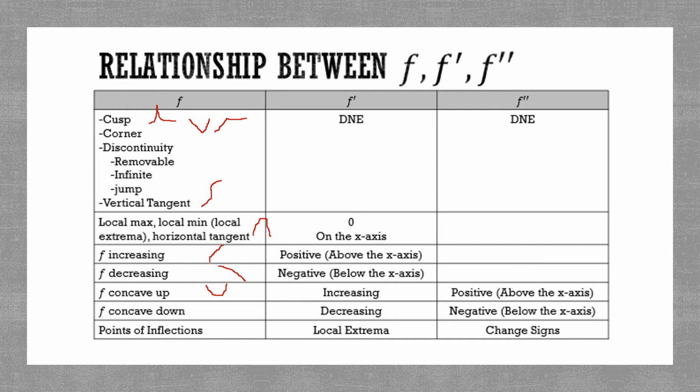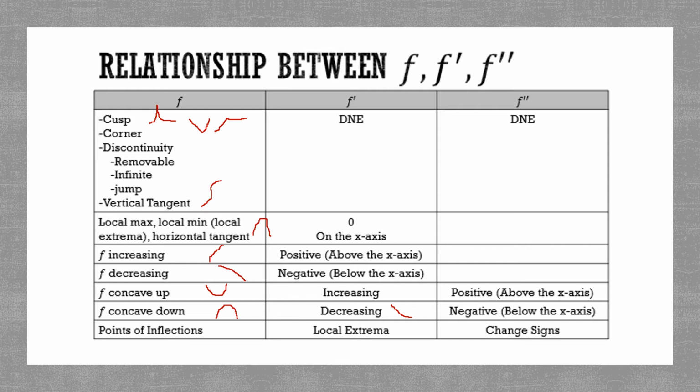And then concave down, if you have a concave down section in your function, the first derivative will be decreasing, something like that. And then if you're sketching the second derivative, it will be below the x-axis.